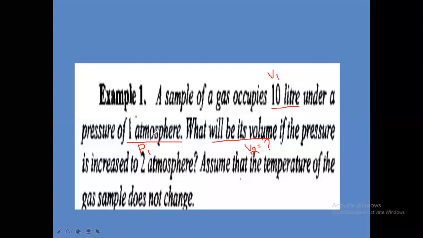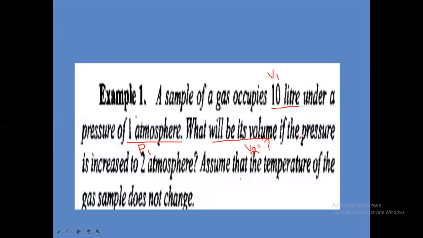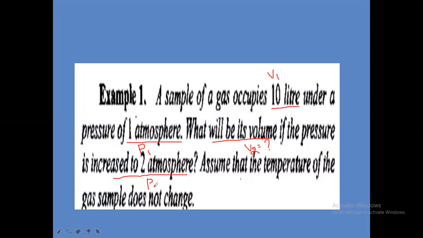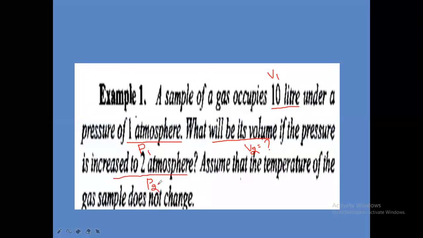At 1 atm pressure, the volume V1 is 10 liters. Then what will be V2 if the pressure is increased to 2 atmospheres? So P2 should be equal to 2 atm.